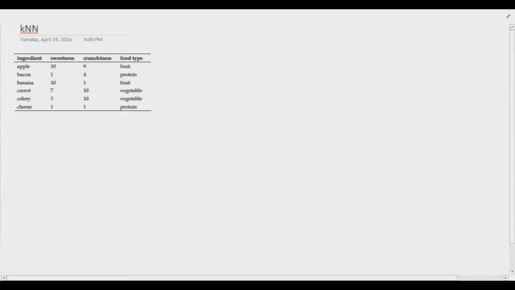What we can do from here is we can actually graph. So let's say this is sweetness versus crunchiness, right? And then we can see where certain things would lie. So let's say 9's about here and 10's about here, so we could probably find an apple around here.